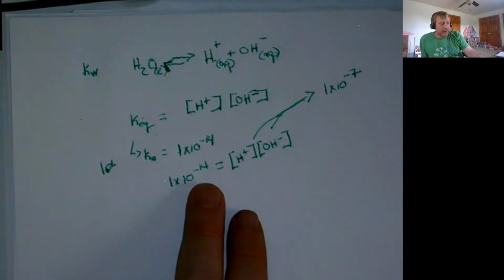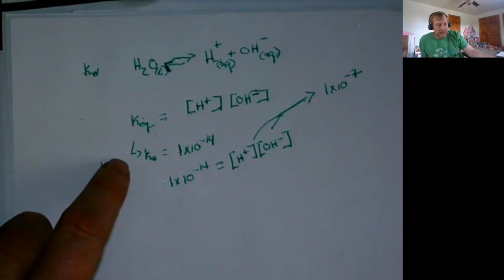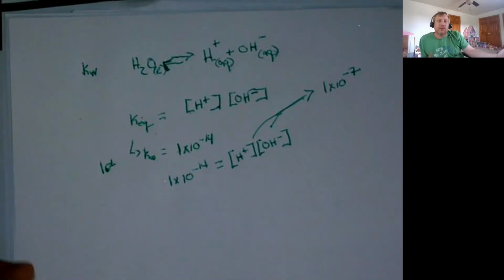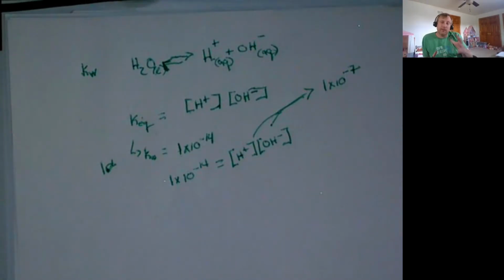But one of the cool things about this is that this generalized KEQ expression can work even when we start altering the concentration of some of these ions present in the liquid. There's always going to be a balance. Our KEQ isn't going to change, just like the equilibrium constant doesn't change when we added a substance in Le Chatelier's problems.